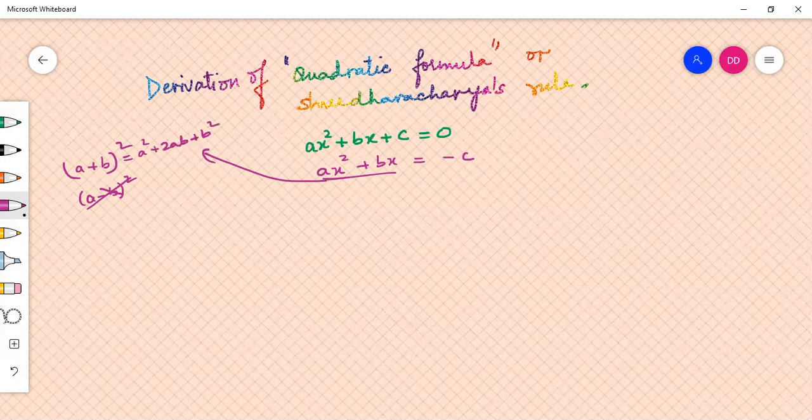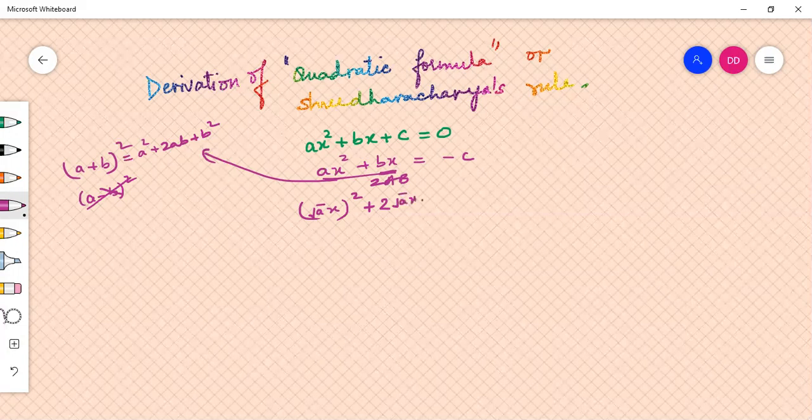So this we'll see as a². So I can write this as (√a x) whole square. I want this term to be the 2ab term. So to write this as the 2ab term, my a will definitely be √a x.